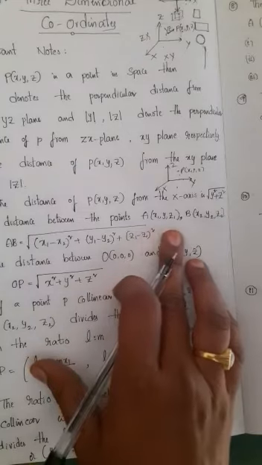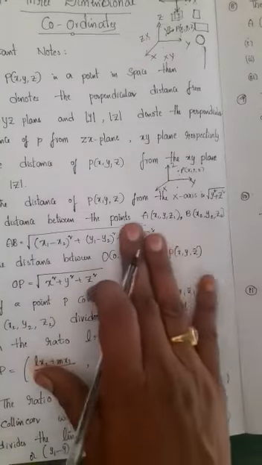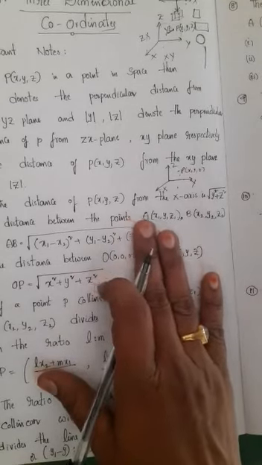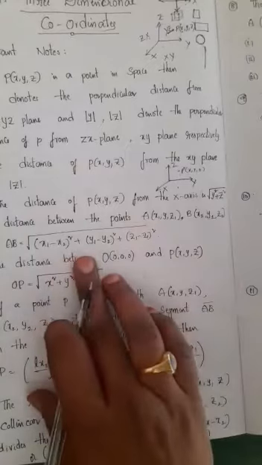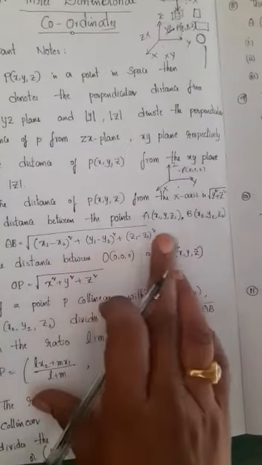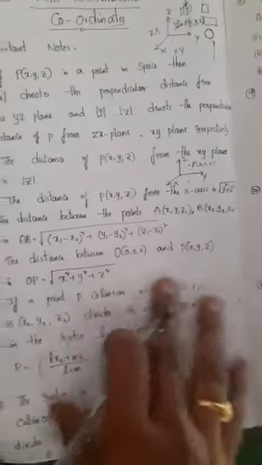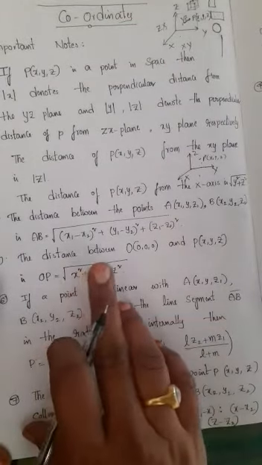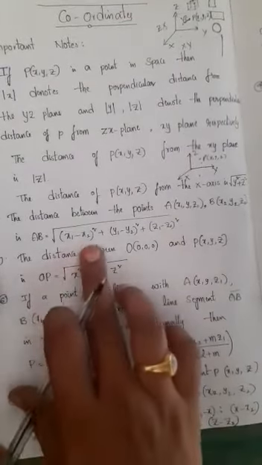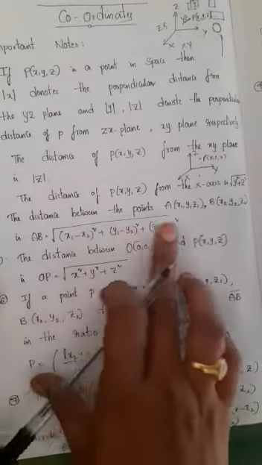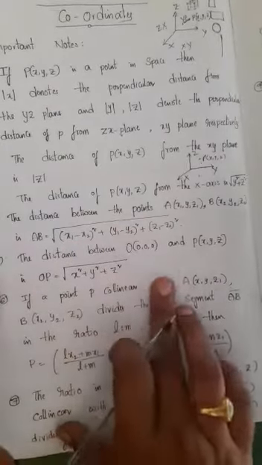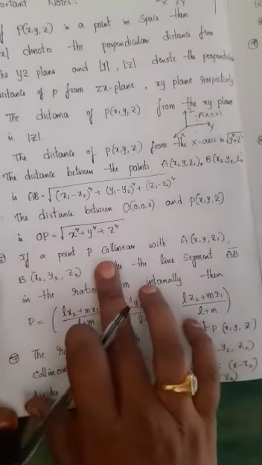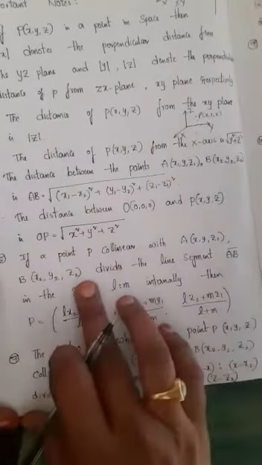If x1, y1 and x2, y2 are the points, then the distance is the square root of x1 minus x2 whole square plus y1 minus y2 whole square. But here you have 3 coordinates, so plus z1 minus z2 whole square. The distance from the origin is the square root of x square plus y square plus z square, substituting 0, 0, 0.